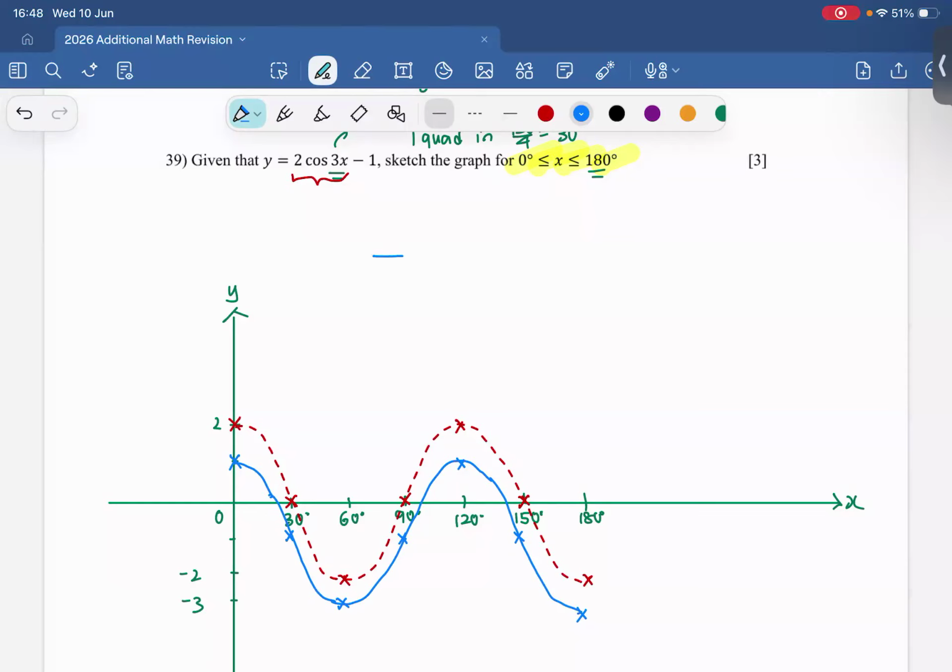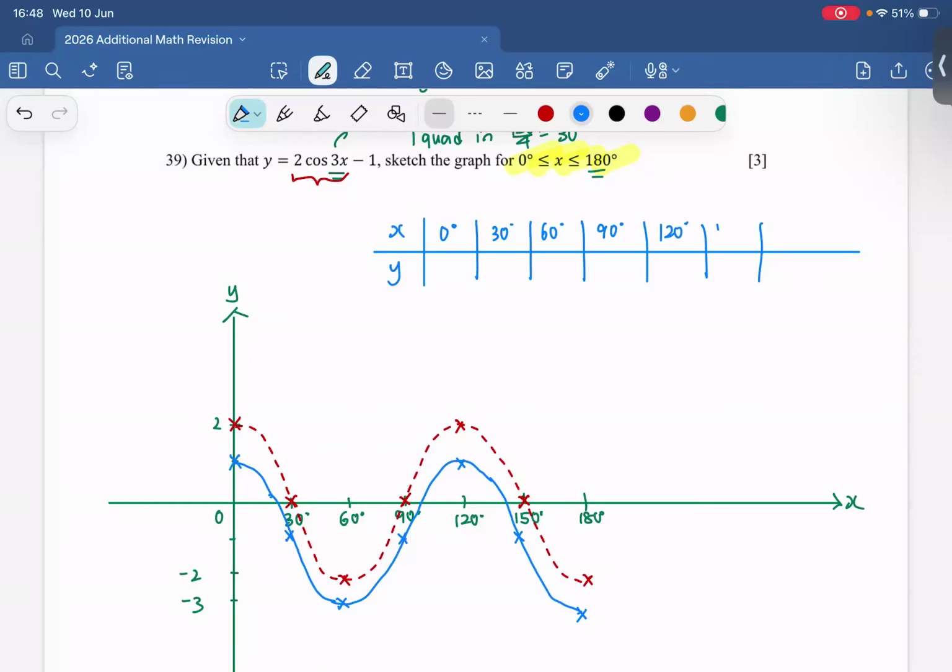If you don't know how to draw your graph, what I tell you is you just plot. That's why I need you to know your 0 degree, 30 degree, 60 degree, 90 degree, 120 degree, 150 degree, and 180 degree.